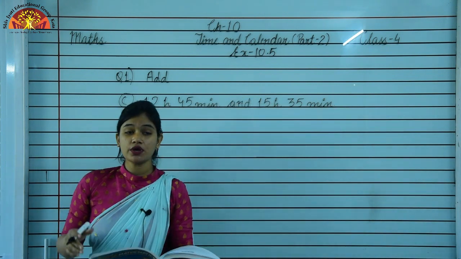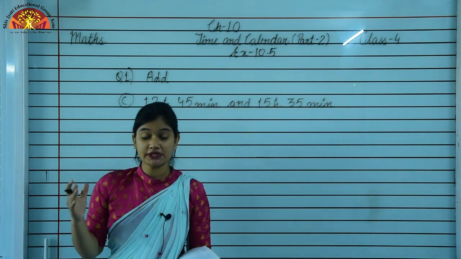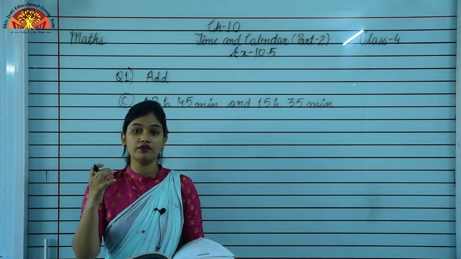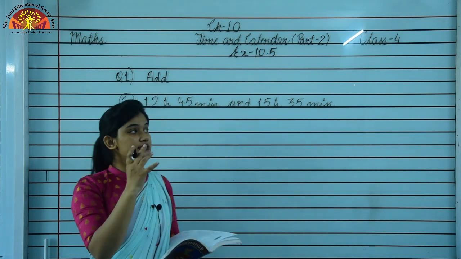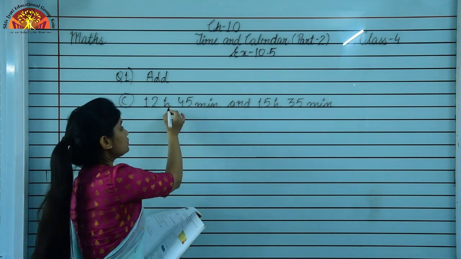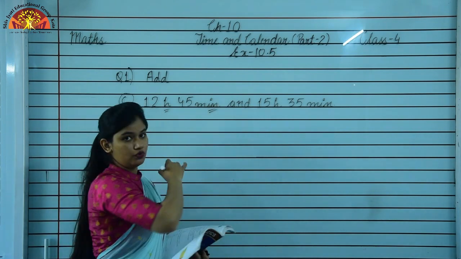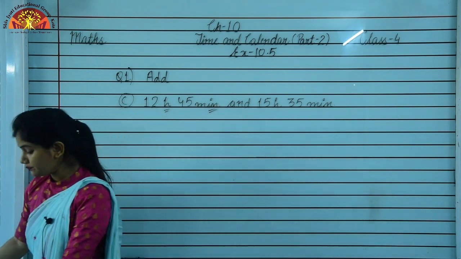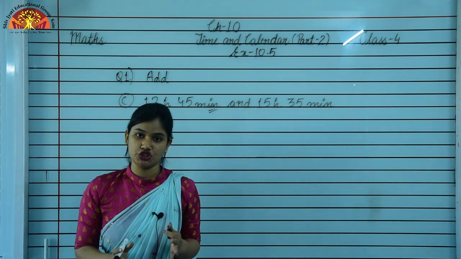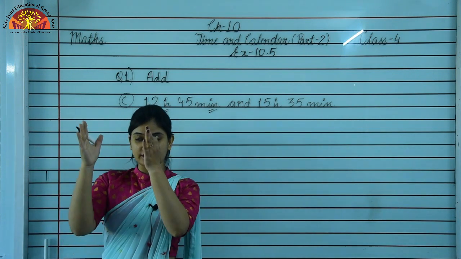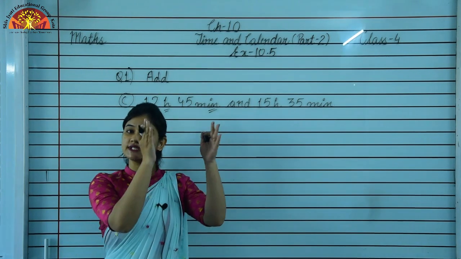So students, you have done addition many times, but here we are going to see how we can add the time. Now we can see time is given in hours and also in minutes. So what we have to do here is separate addition. Separate addition means first we will separate hours and then we will separate minutes.